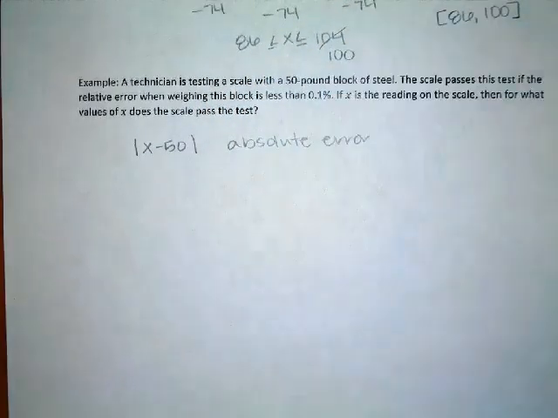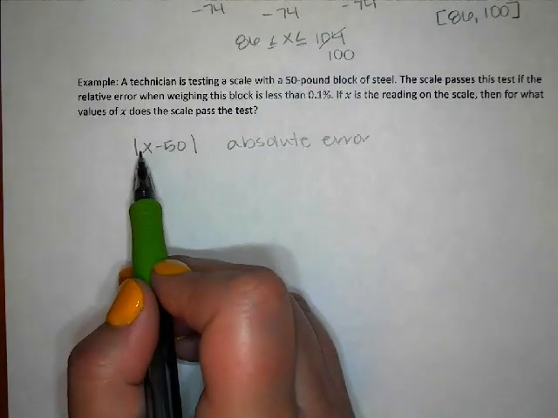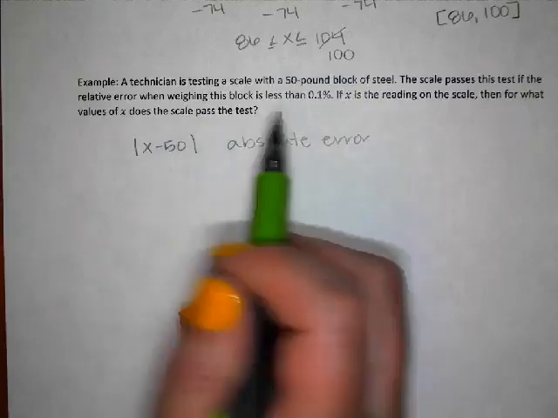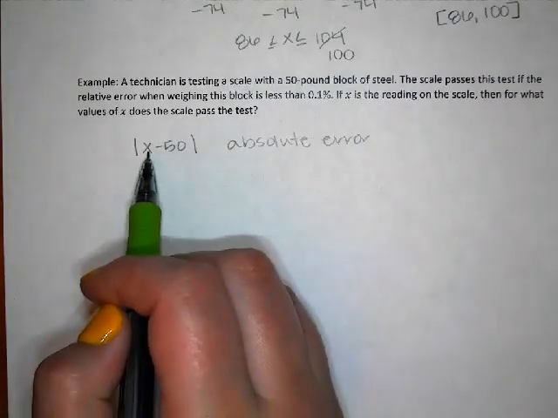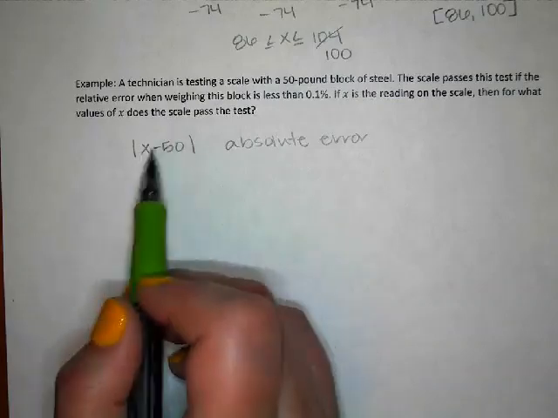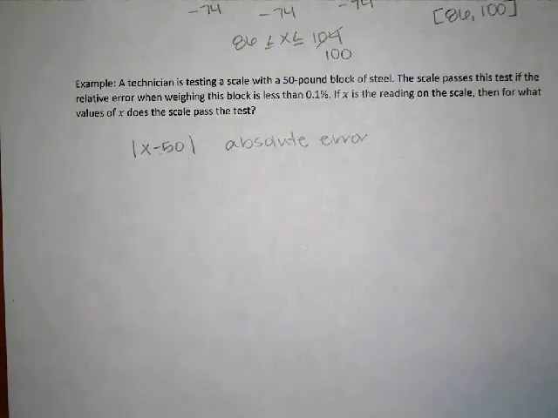This tells you the difference between the steel that is being tested and the scale. If the scale is above 50 or below 50, it's just going to tell you the difference between the scale and the 50 pounds that it should be. That's the absolute error. How far off is that weight?